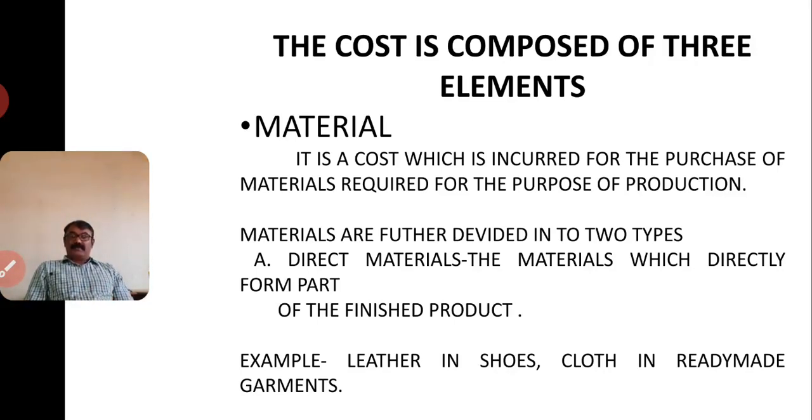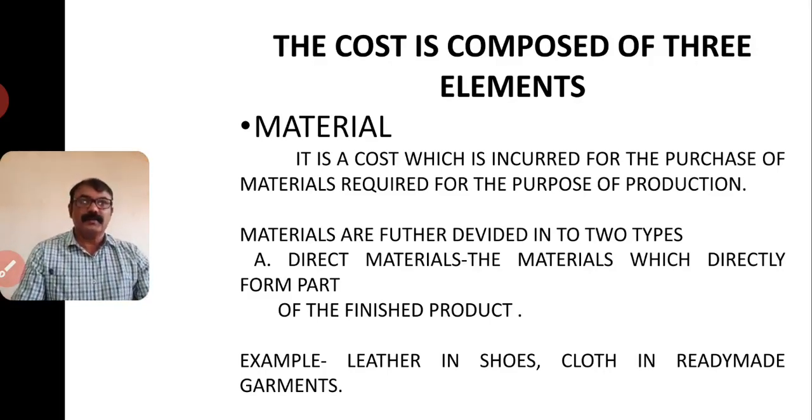Direct materials. For example, we can take carpentry work. If a carpenter produces a table, in the table we can identify the wood. We can recognize the wood used for making the table directly. It is a direct material of the finished product.